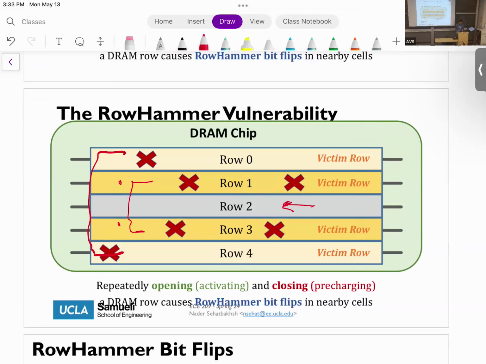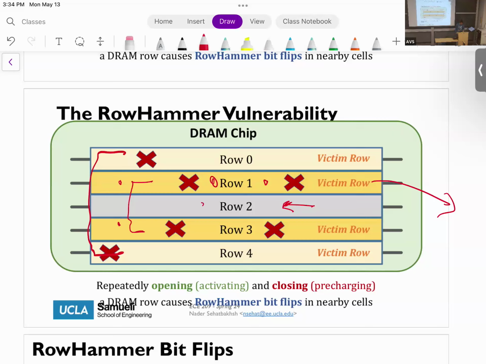Okay, and you might wonder why I want to flip those bits. The reason is, for example, this row may not belong to you. Rows are for different processes. Each process has its own rows. They cannot access other rows because of the principle of isolation, right? So the attacker cannot directly change values in this row.